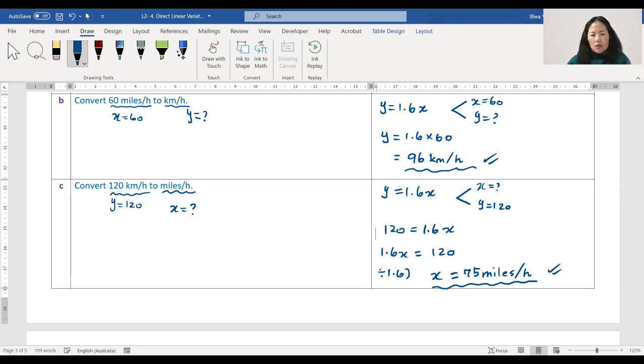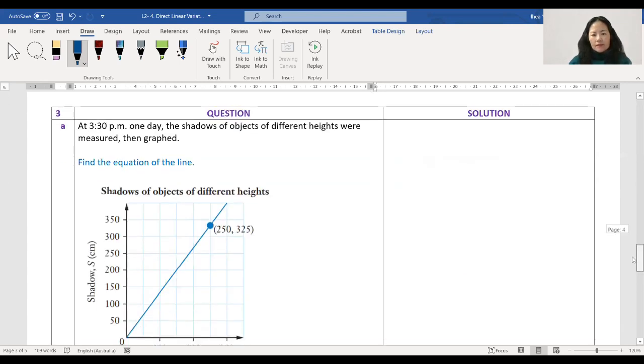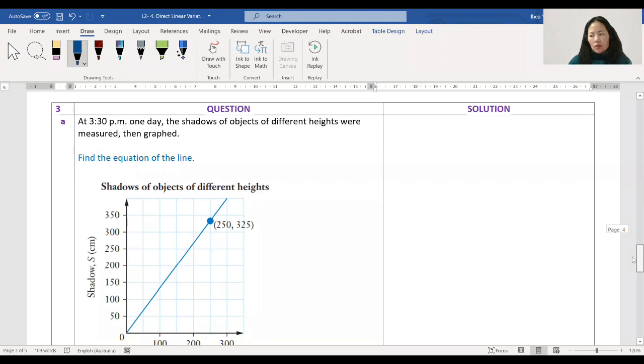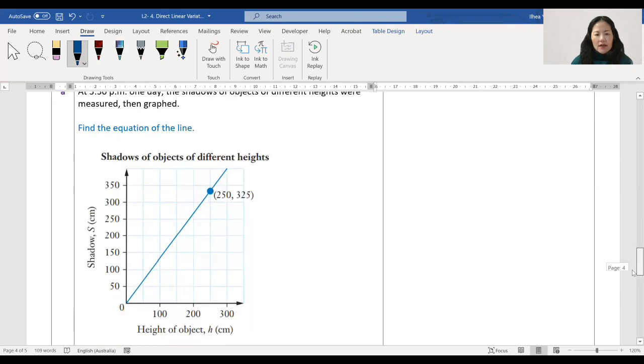Okay, so last question here. Let's have a look. At 3:30 p.m. one day, the shadows of objects of different heights were measured, then graphed. Find the equation of the line. This one was given to us, this graph.